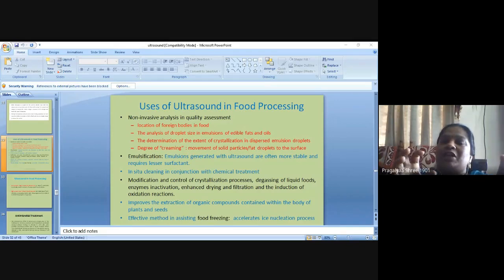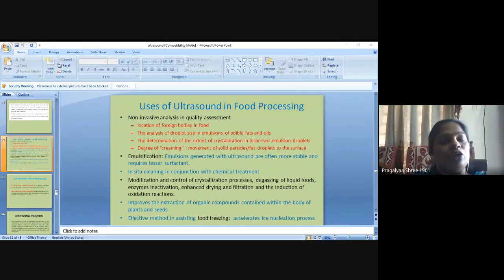To keep them stable, you add some surfactants beforehand. When you go for ultrasound treatment, there is no need of surfactants, or you can use lesser amounts. Surfactants we naturally use are Tween 20 and Tween 80, which keep the emulsions stable.